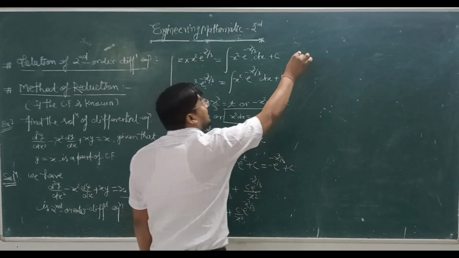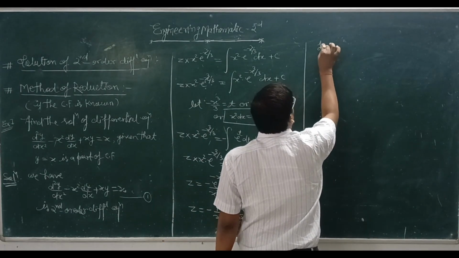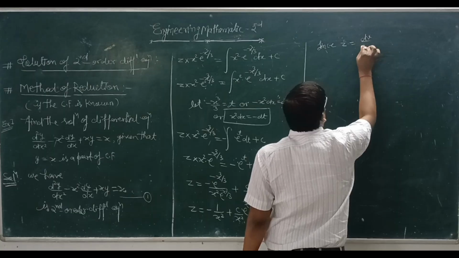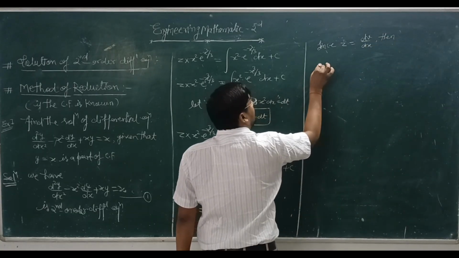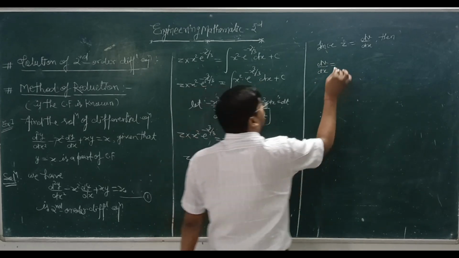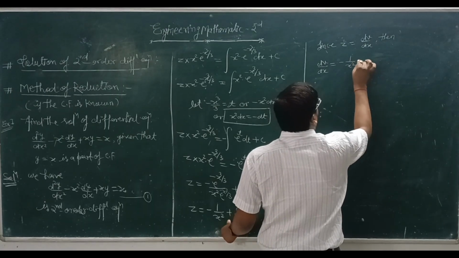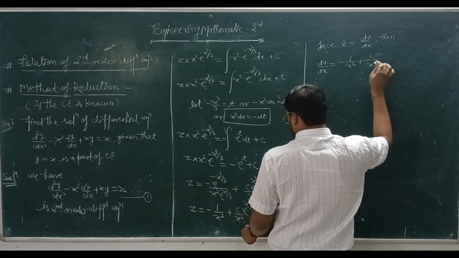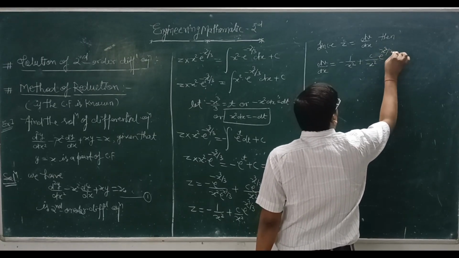Since z is equal to dv/dx, then dv/dx is equal to minus 1 upon x square plus c upon x square e to the power x cubed upon 3.